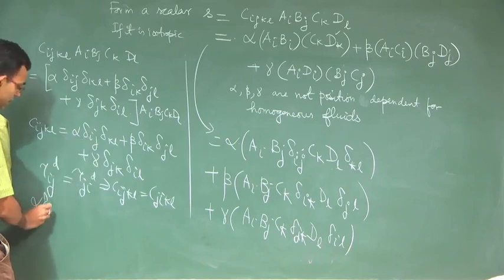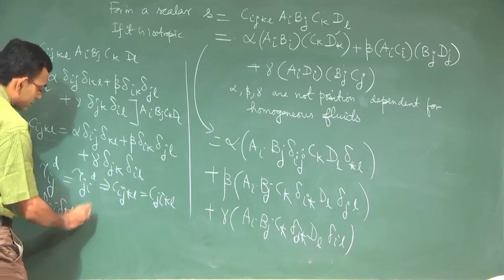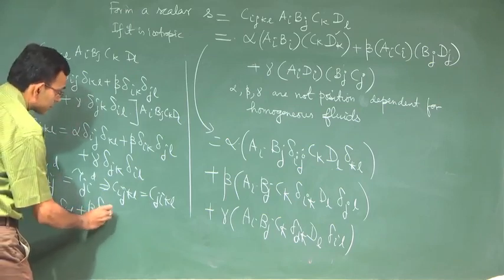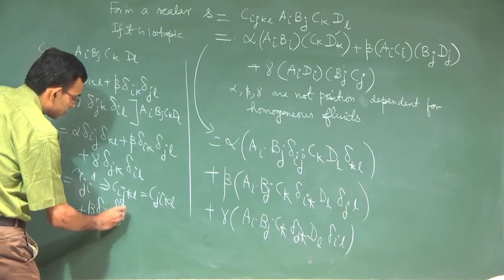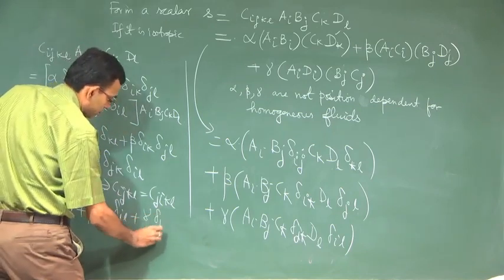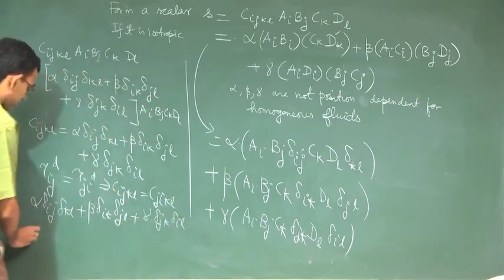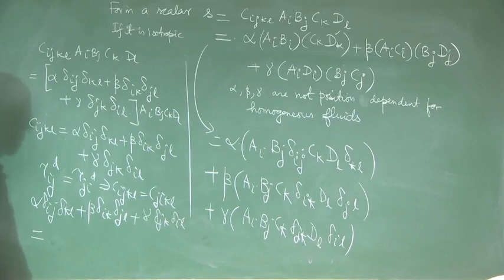So, let us write this Cijkl, swapping i and j.